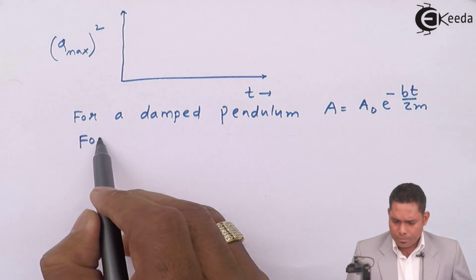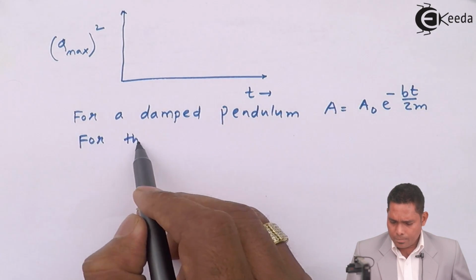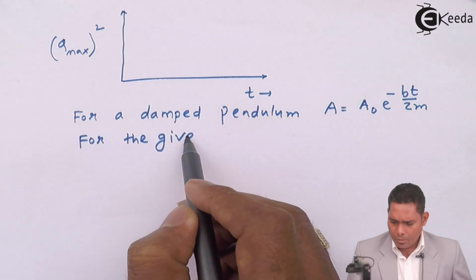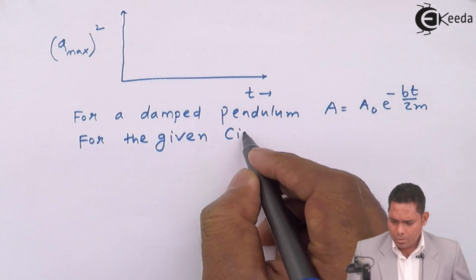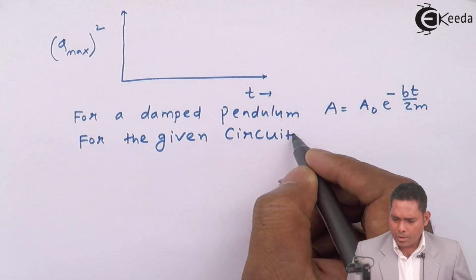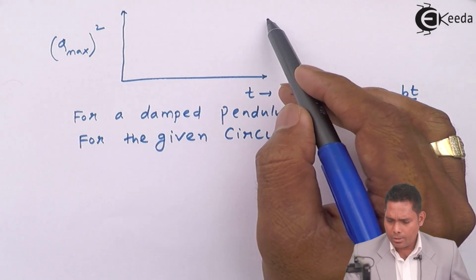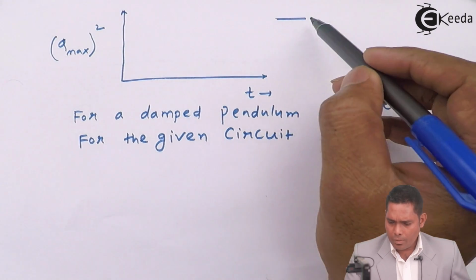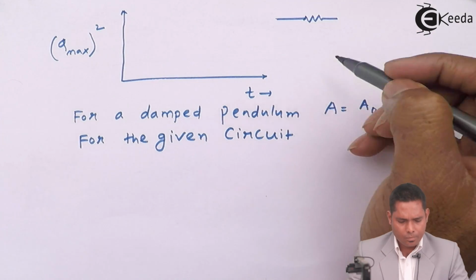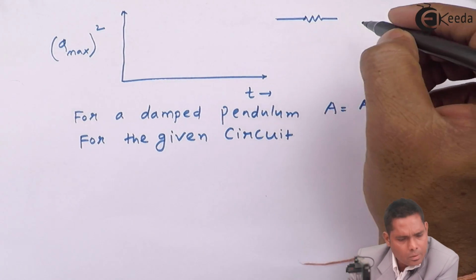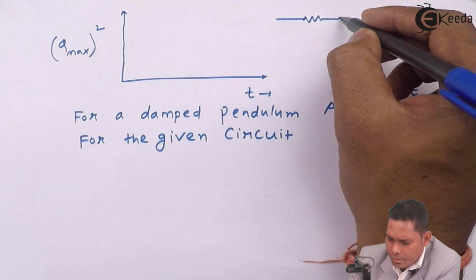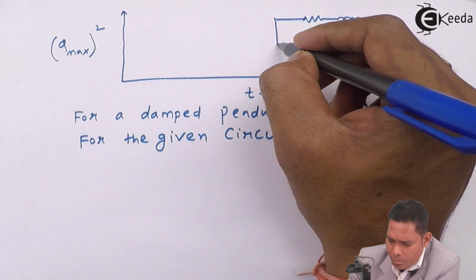For the given circuit, what is the circuit? One R is over here, and this is L, and one capacitor.